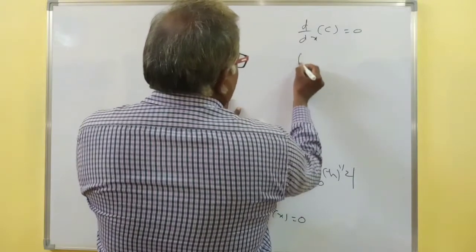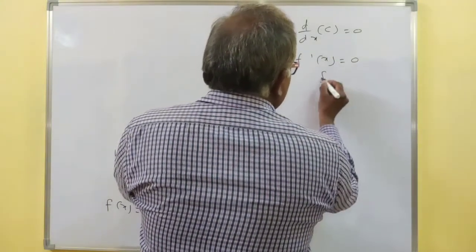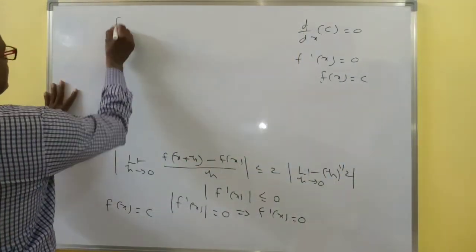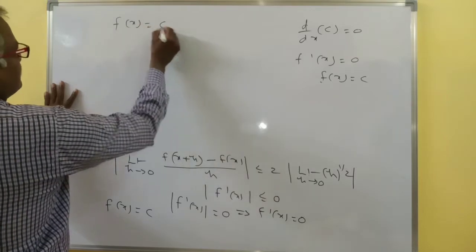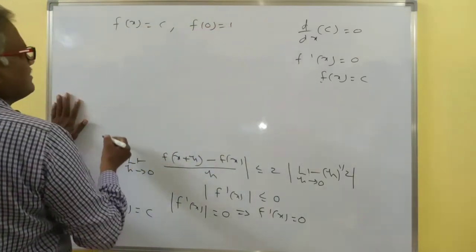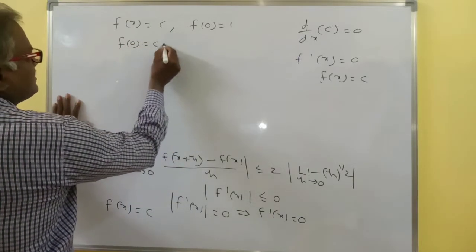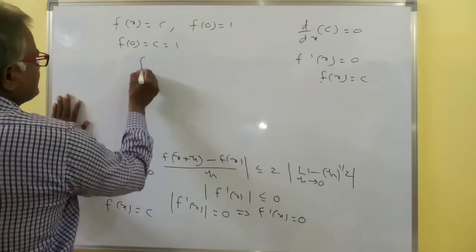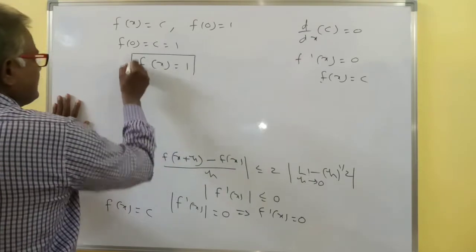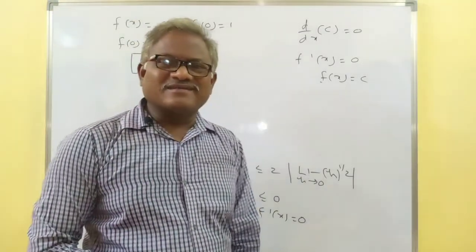This is nothing but f dash x. f dash x is equal to 0 means clearly f of x must be c only. So f of x is equal to constant. What he has given, f of 0 is equal to 1. So clearly here f of 0 is equal to c is equal to 1. So that's why f of x is equal to 1.